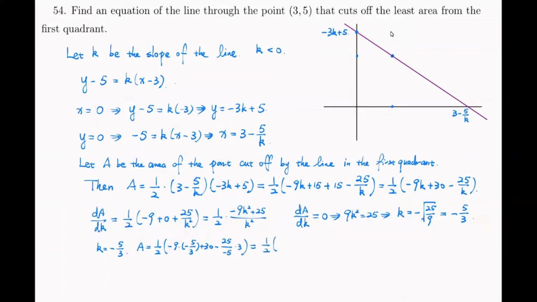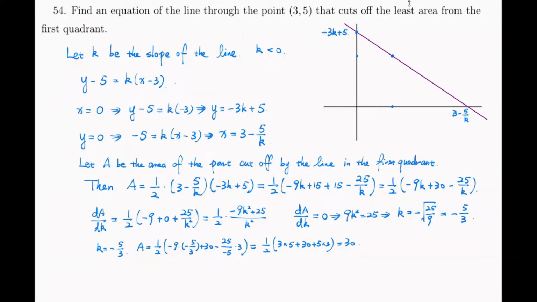So we get 1/2 times 3 times 5 plus 30, and then plus 3 times 5 times 3. That will be 30 plus 30 divided by 2. The answer will be 30. So this is the area we get if k equals minus 5 over 3.